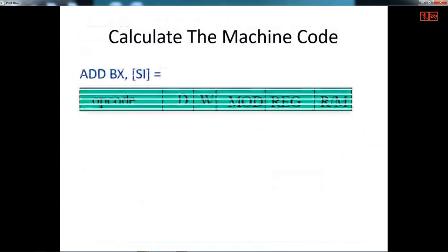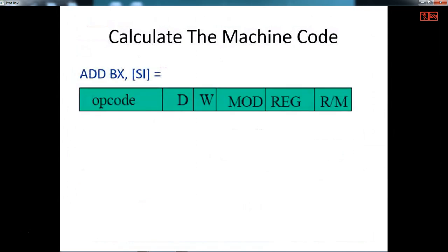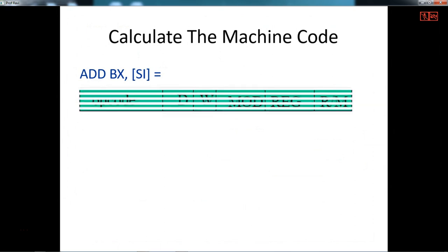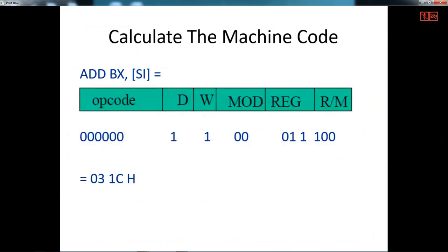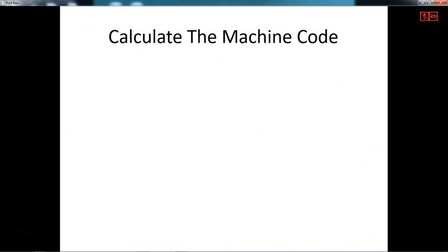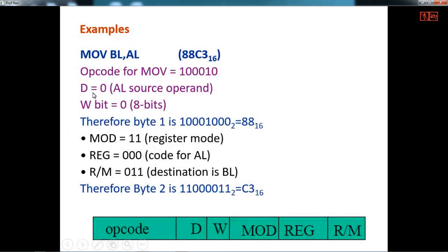For add bx comma the contents of si, it is 16-bit, so you write 1. If it is 8-bit, 0. D is your destination, and W stands for a word operation or byte operation.